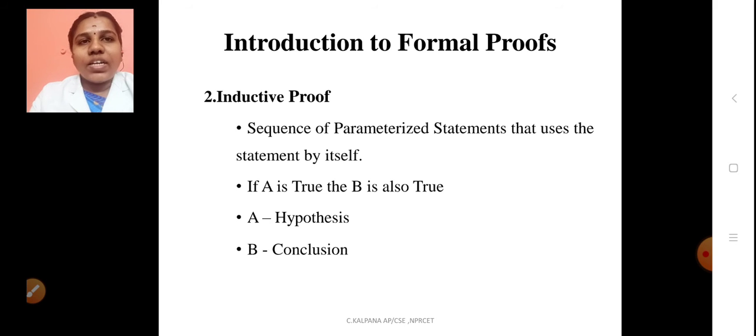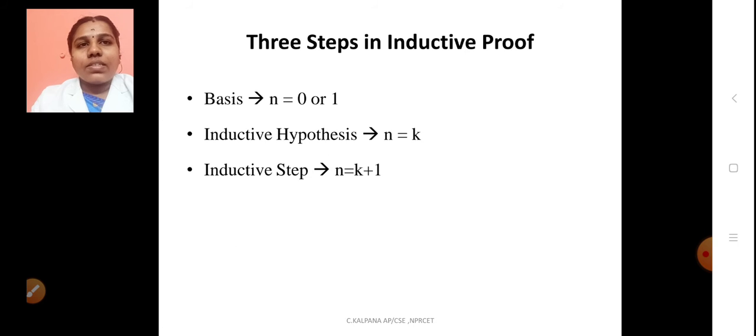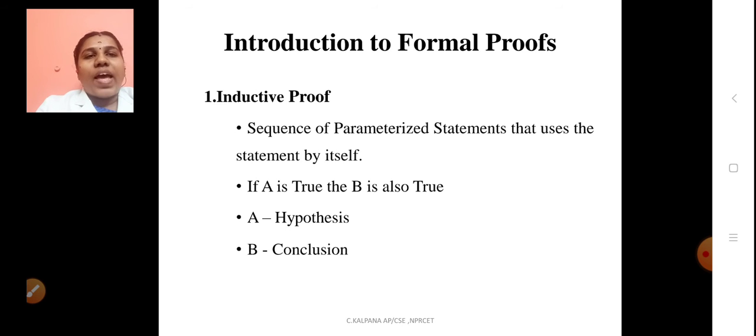It is similar to deductive proof, but it has three steps. First is the basis step, that is n equal to 0 or 1. Second is the inductive hypothesis, where you substitute n equal to k. Third is the inductive step, where you substitute n equal to k plus 1. So again, inductive proof has several parameterized statements that use the statement by itself.